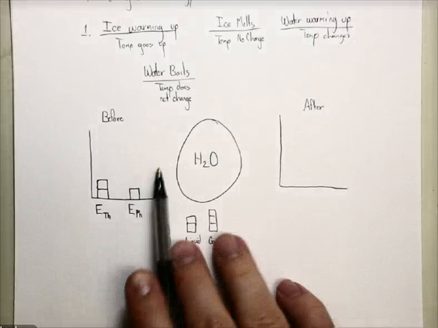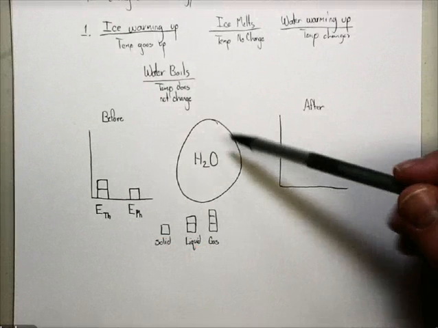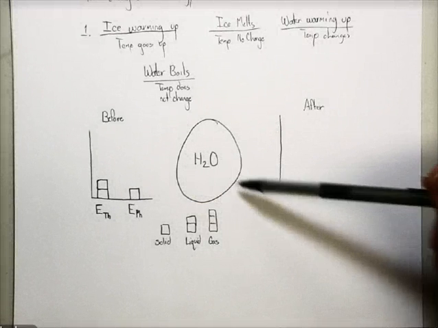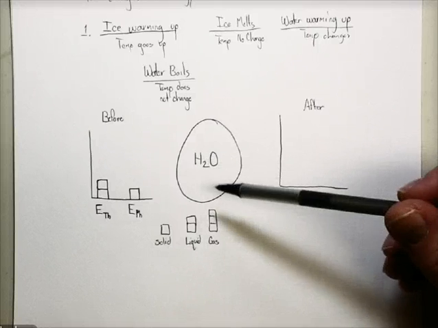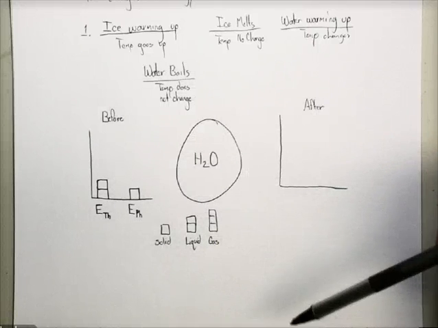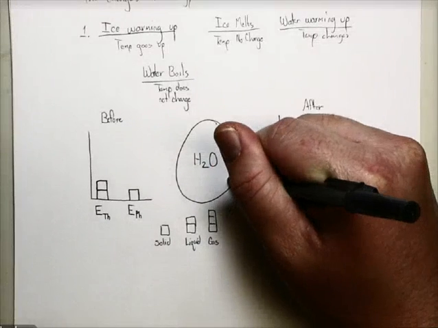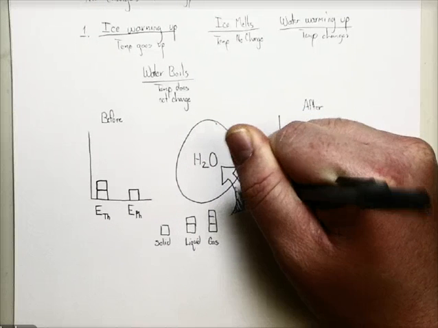So now I've described my energy before. Now I have to think, as I put the ice on the skillet, is heat flowing into or out of my system, that is my water. In this case, we put it on the hot skillet, so we have a higher temperature on the skillet than we have in the water. So energy is going to flow into my system.